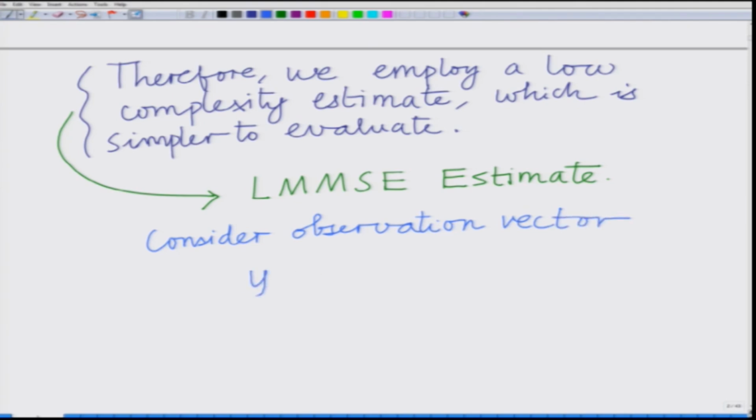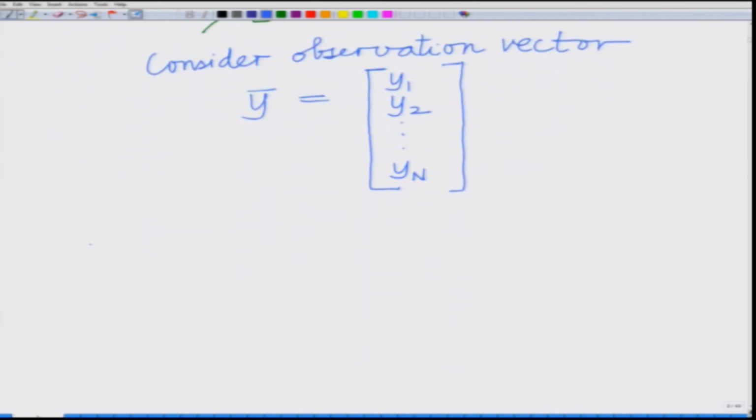Consider the observation vector y bar, which is given by, again similar to previous, we have the observation vector y bar, which is comprised of n observations y1, y2 up to yn.